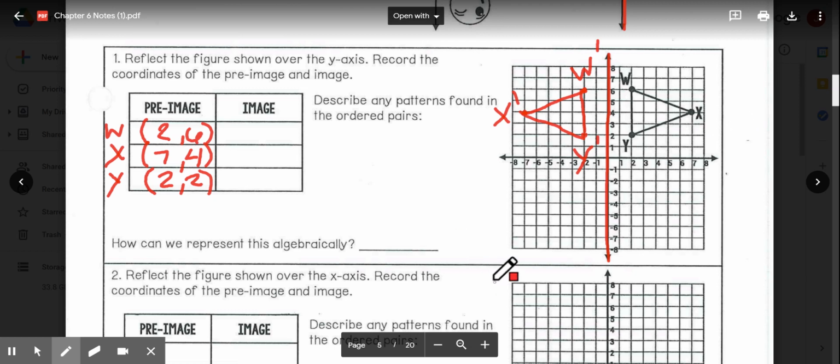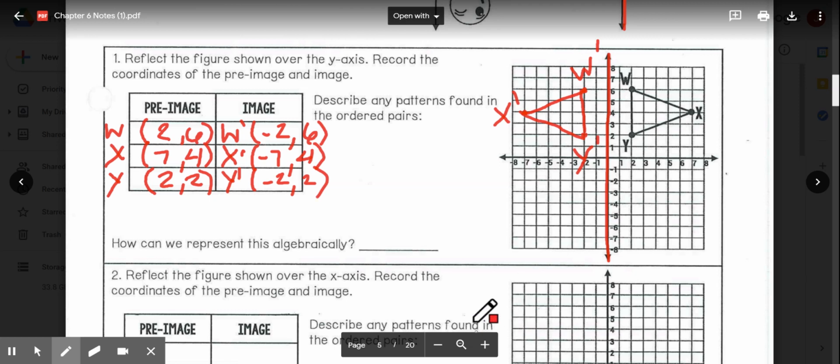And then for my image, I have triangle W prime, X prime, Y prime. And W prime is at the point -2, 6. X prime is at the point -7, 4. And Y prime is at the point -2, 2.